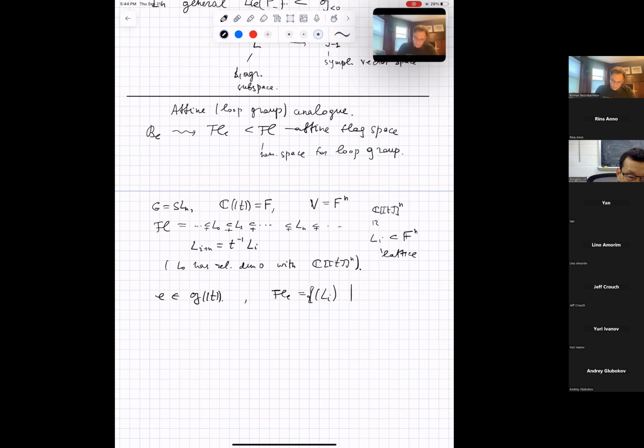In principle we did have to write a nilpotency condition before, but it was just forced. If you say that E of V_i is inside V_{i-1}, it's going to be nilpotent.